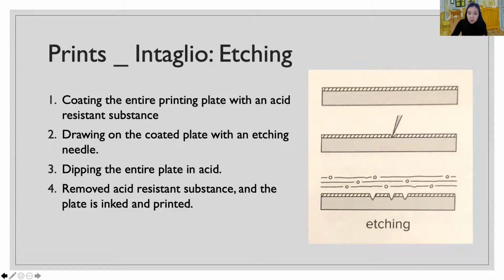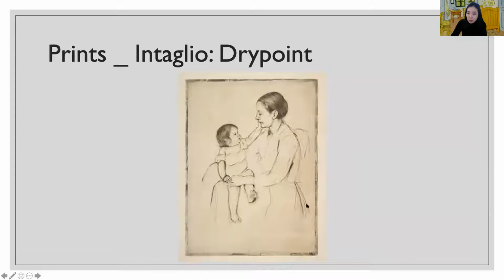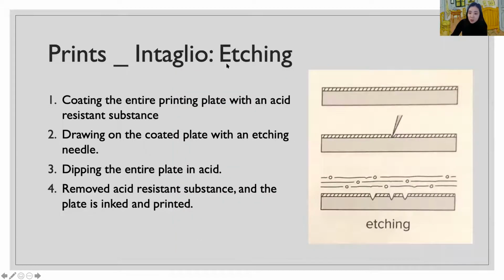In drypoint, the artist uses only the needle to create the image. However, etching goes through the same process of using the needle to draw the image on the plate, but to make a deeper depression, it requires the use of acid.